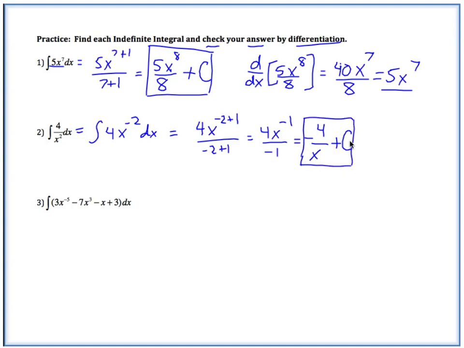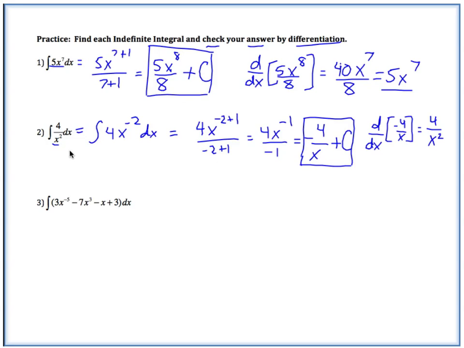Okay, let's go ahead and find the derivative here of negative 4 over x. Okay, so we know when it's on the bottom, it changes sign, so the negative changes to a positive, and then it actually increases by 1 here. So we do get 4 over x squared, which was our original, so it checks out.